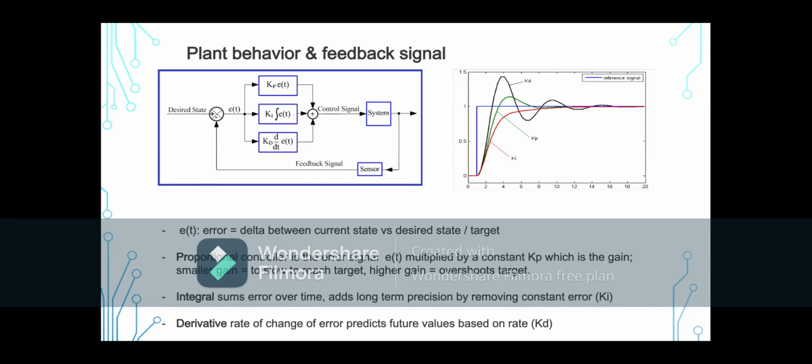First is the proportional controller, which is the gain in the system, which is the error signal multiplied by a constant Kp. We can think about it as a correction in magnitude.